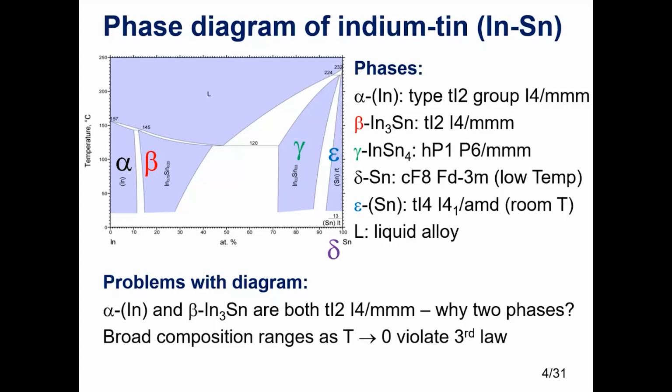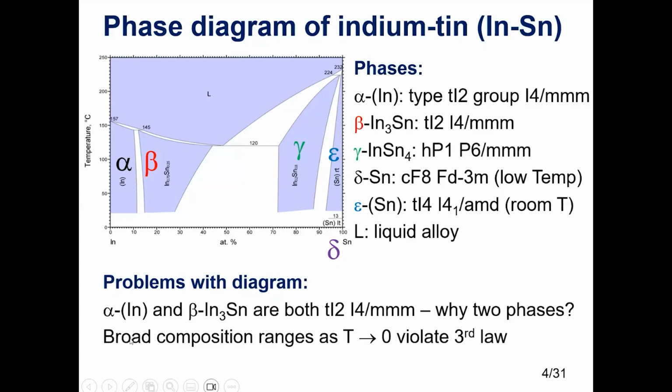And if they're both the same structure, then why are they different phases? So for example, if we go into the coexistence region, why would it separate into a region with less tin and a region with more tin, even though both of these regions share the same structure? Okay, so that's one puzzle that I want to address.